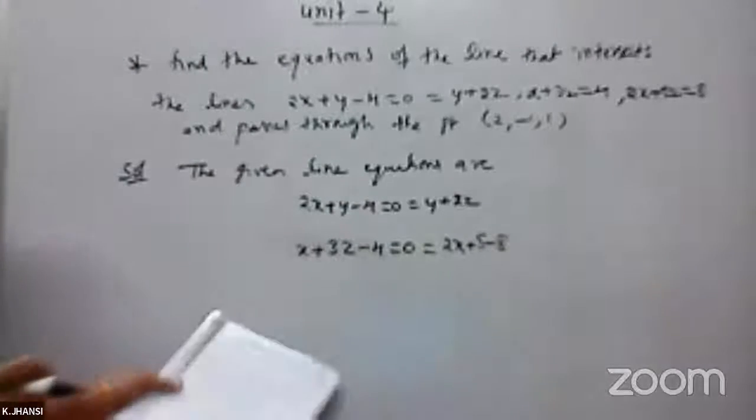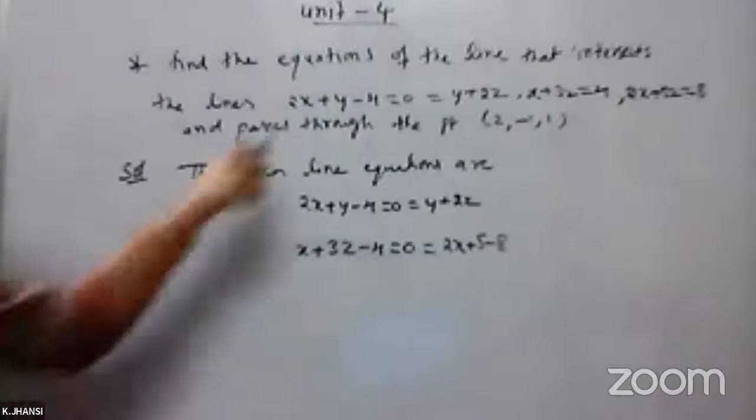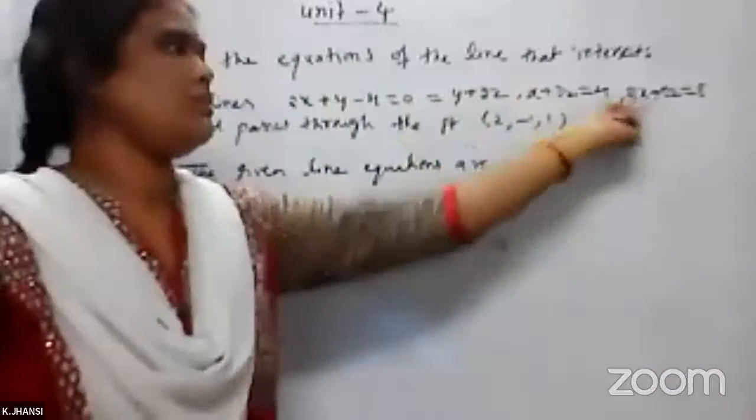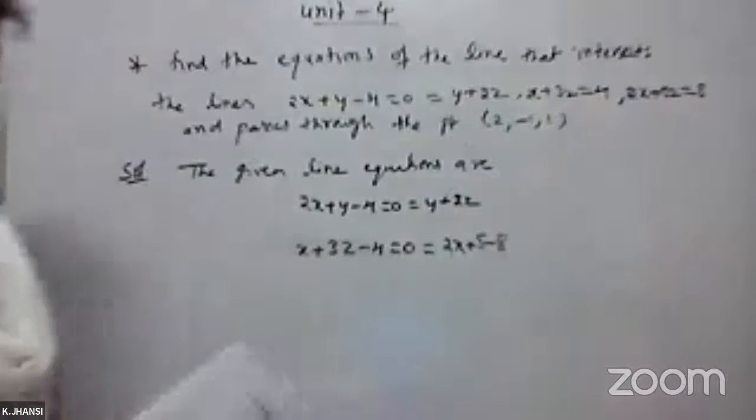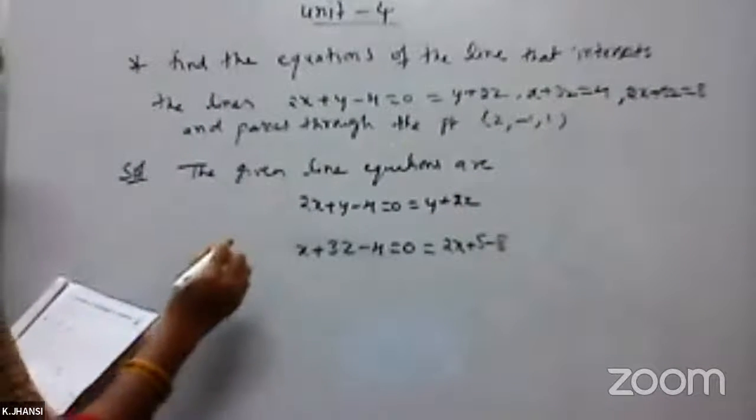Okay, you write like this in the line equations. Both you combine the plane equations. Here they are separate, you can join them.